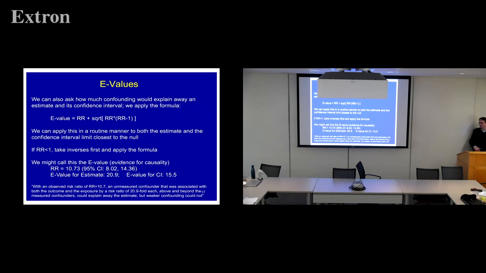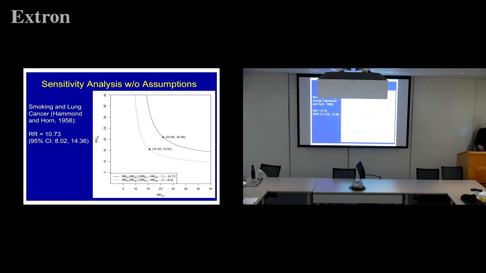If you wanted to explore that, on the next slide you could instead present a picture where you plot the two bias factors and say, here are the values of the two sensitivity analysis parameters that would suffice to explain away the effect estimate, and we'd need the two to be in this region.